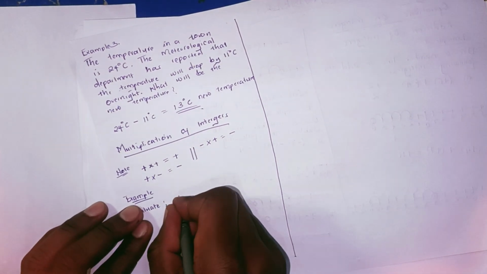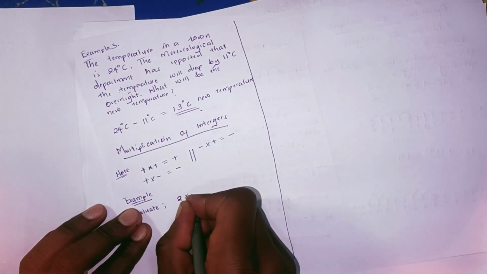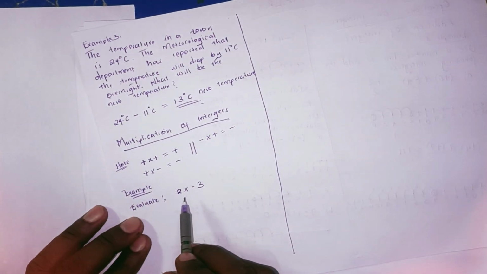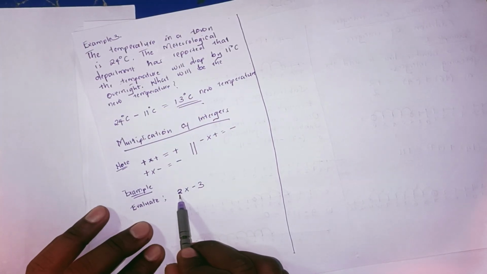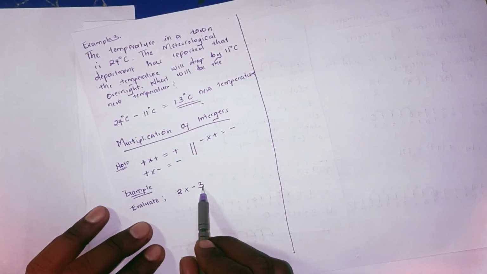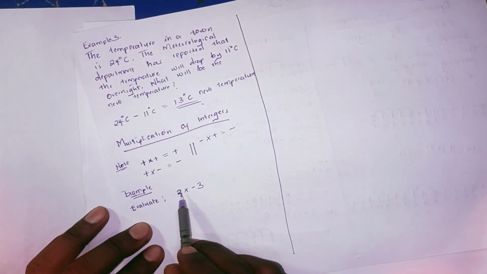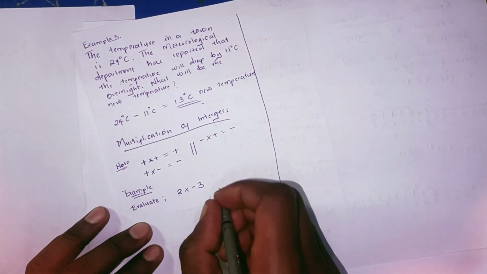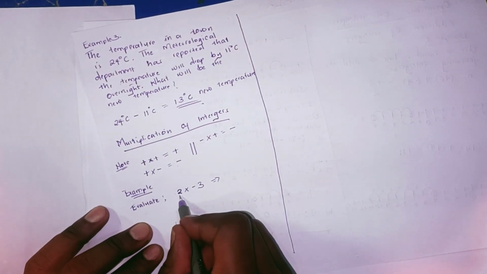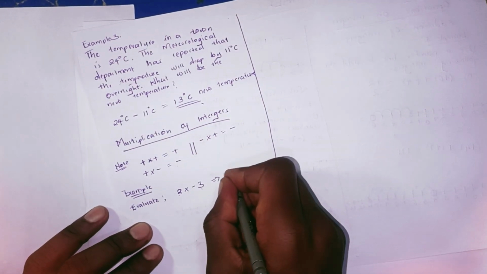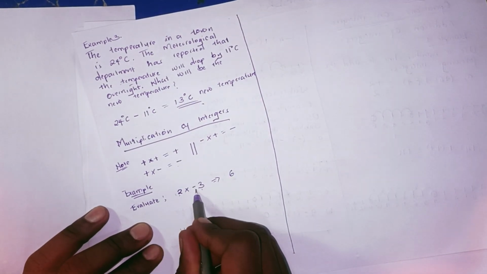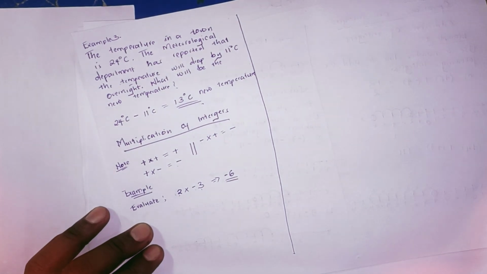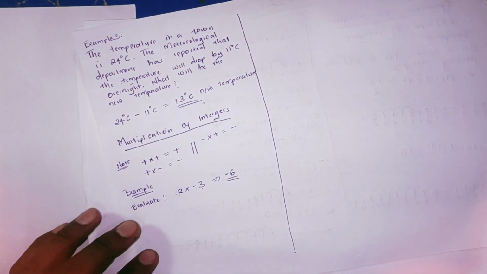What do you see here? You can see that 2 is a positive, and 3 is a negative. So positive times negative gives a negative. What is 2 times 3? 2 times 3 is 6. Then positive times negative, it is -6. The answer is just that one. That's very simple.